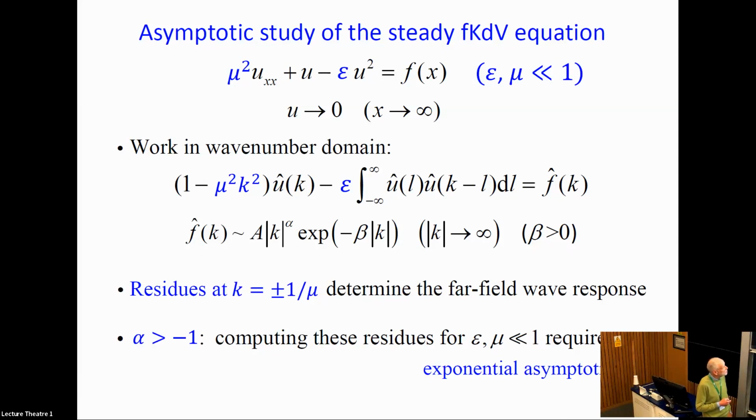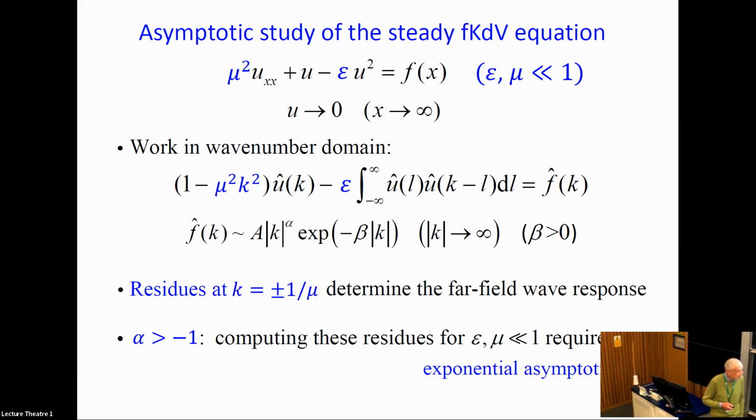Because mu is very small, the response is associated with very large wave numbers of the forcing. So if the forcing drops off exponentially for large wave numbers, then the amplitude of the response is going to be exponentially small. So this suggests looking at this problem, but accounting for nonlinear effects.